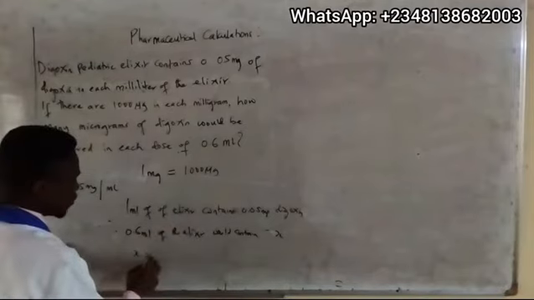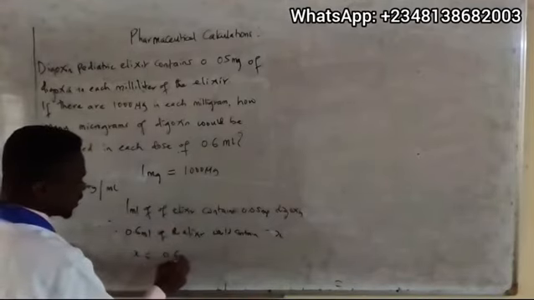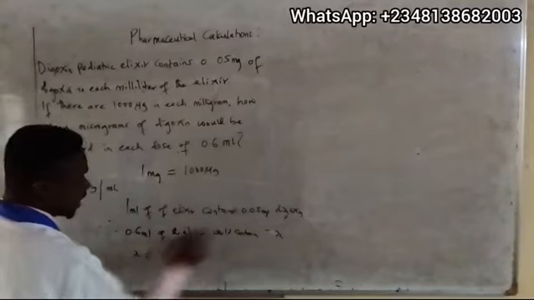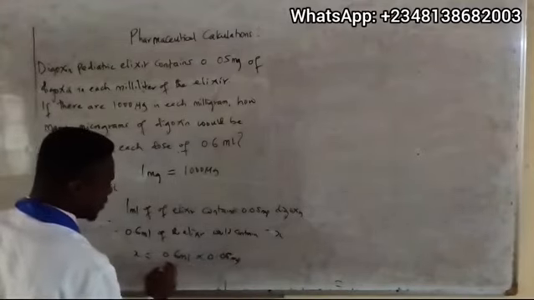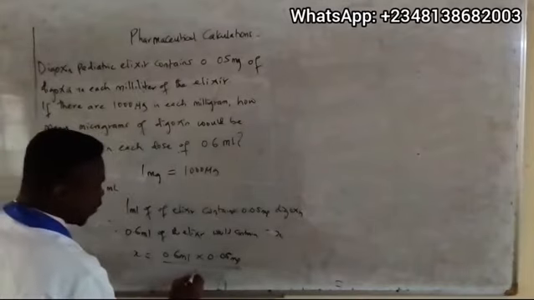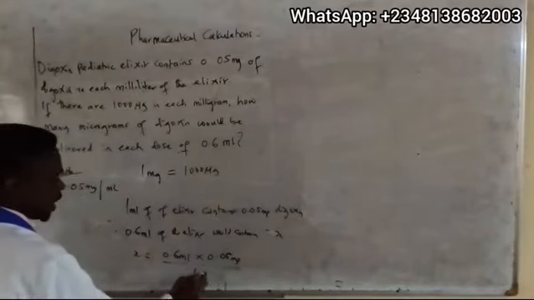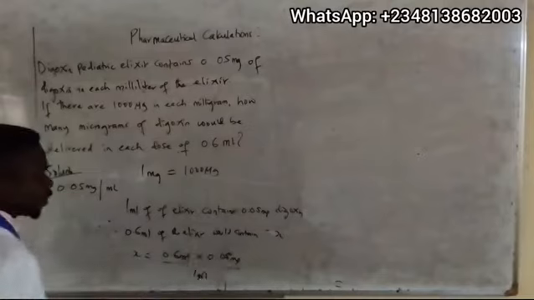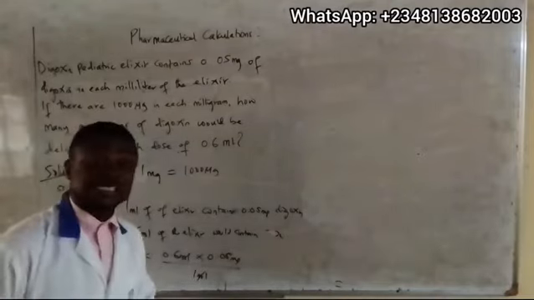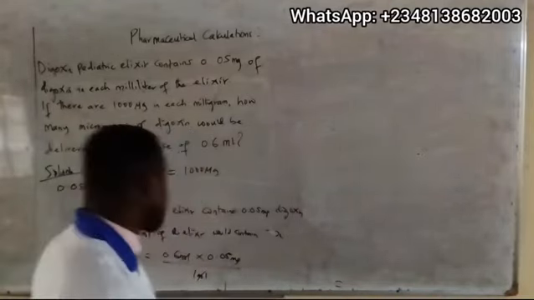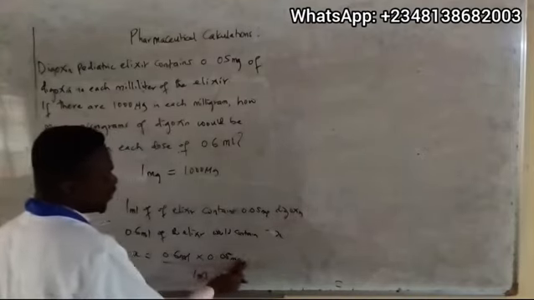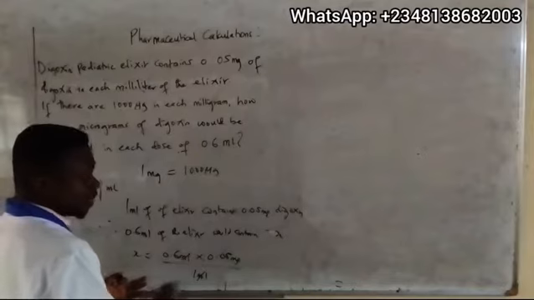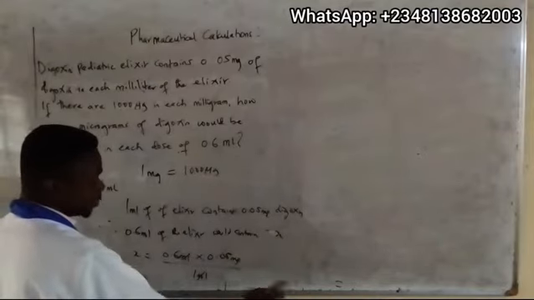X will now give us 0.6 ml times 0.05 milligram all over 1 ml. Ml will cancel ml. We are left with 0.6 times 0.05 milligram. Basically, 0.6 times 0.5 is 0.3. Half of 0.6 is 0.3.